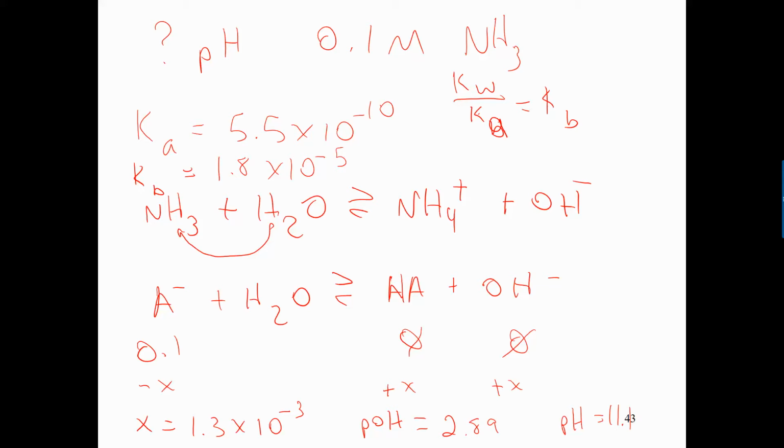Okay, so I would solve for x. I'd find x to be about 1.3 times 10 to the negative 3. My pOH, the negative log of that, would be 2.89. And then the pH would therefore be 11.1. If I subtract 2.89 from 14, I get 11.1 as my pH.